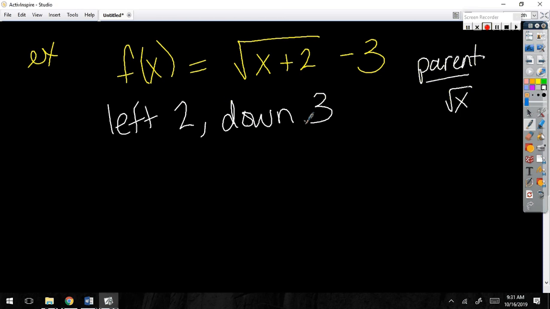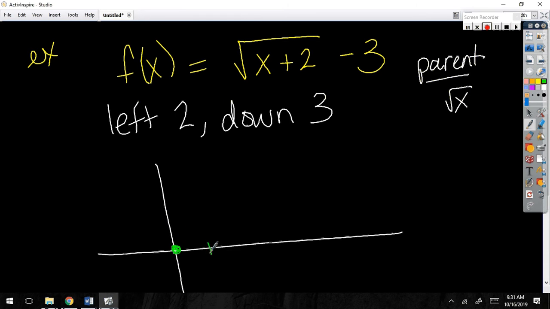So my parent graph, remember, looked like this. The square root of x: 0, 0, 1, 1. Then we'll go out to a perfect square, let's say 4, 2. Remember how I told you those graphs were so important? This is why.